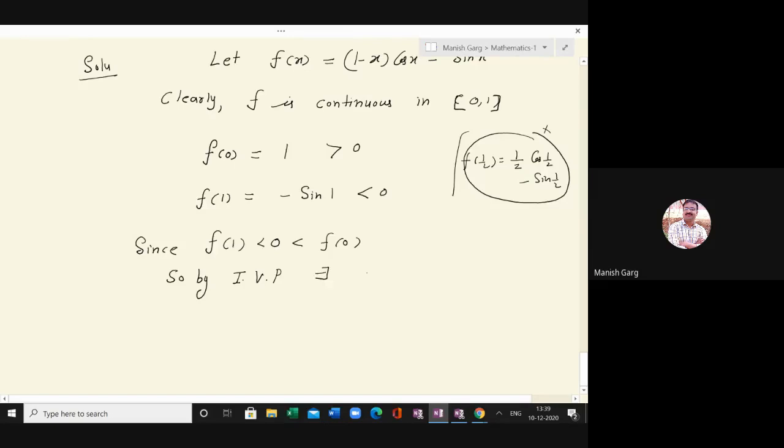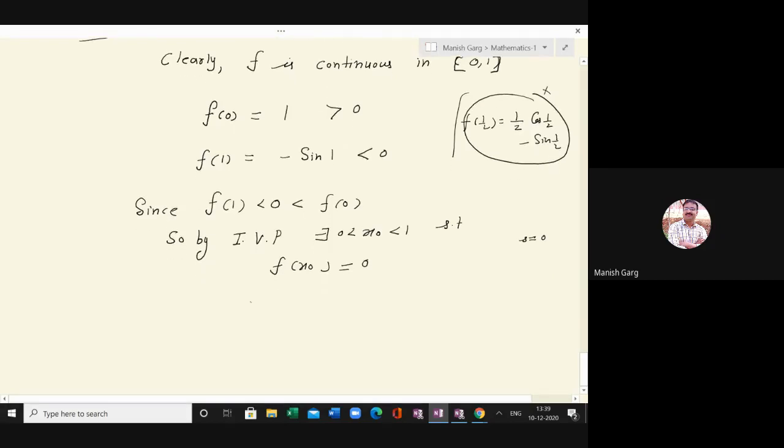So there exists x naught between 0 and 1 such that f(x naught) must be 0. Here S is equal to 0. So what is the equation? (1 minus x naught) cos x naught minus sin x naught is equal to 0, with 0 less than x naught less than 1, or you can write (1 minus x naught) cos x naught equals sin x naught.